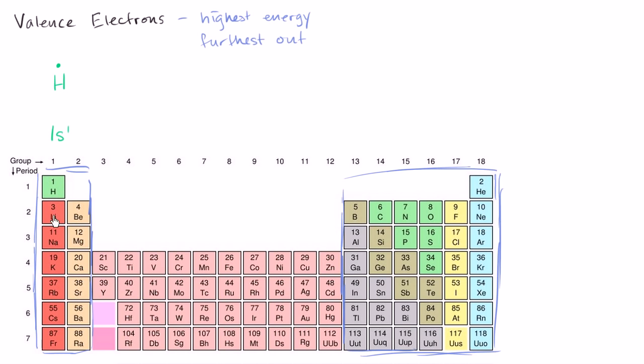Now, what about other group 1 elements? Let's say sodium. What's its electron configuration? Well, I'll use a shorthand where we say its base configuration is the same as neon. Neon is 1s2, 2s2, 2p6. That's what this represents. And then to get to sodium, you would then have 3s1.